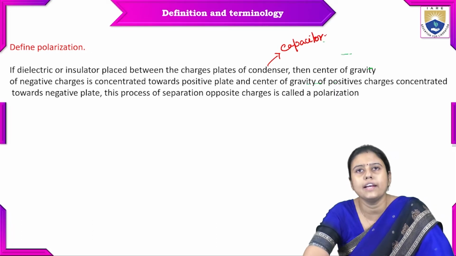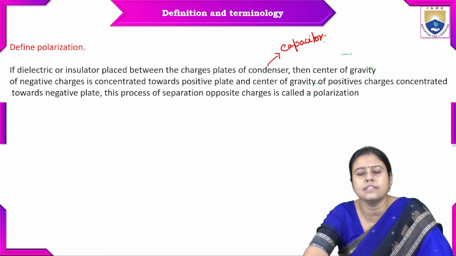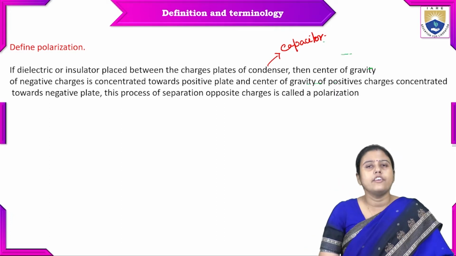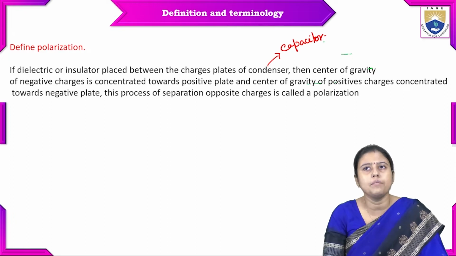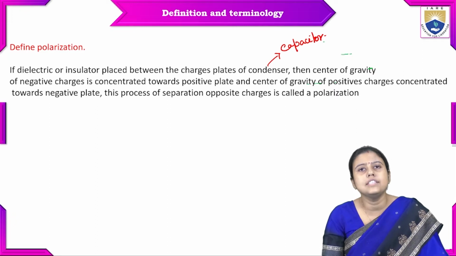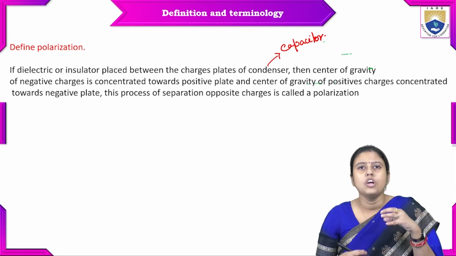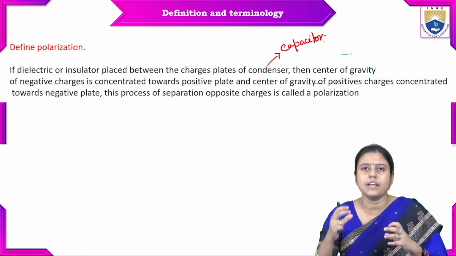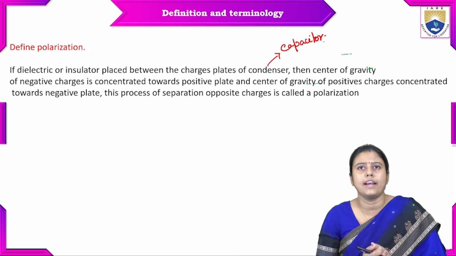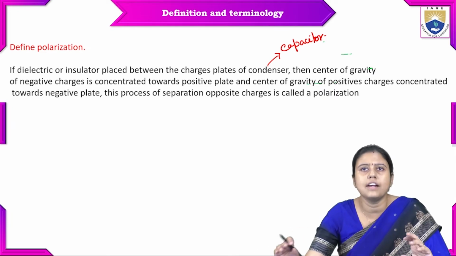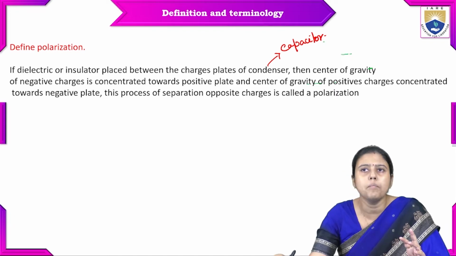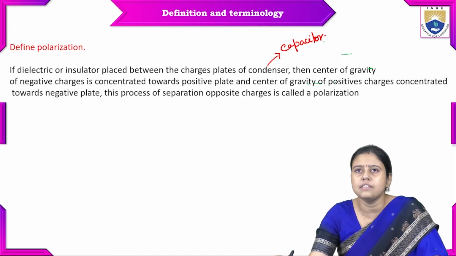So if the dielectric or insulator is placed between the plates of, say, a parallel plate condenser, then the center of gravity of the negative charges as well as positive charges will change. The CG of negative charges will come towards the positive plate and the center of gravity of the positive charge will come towards the negative plate. So as a result, the process of separation of opposite charges is known as the polarization, as I told just earlier.